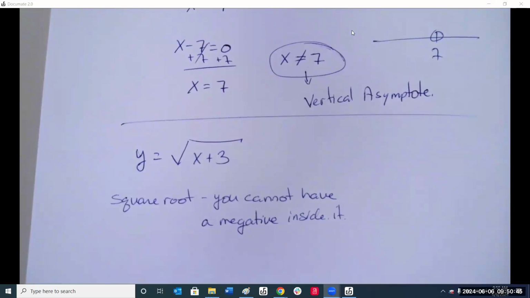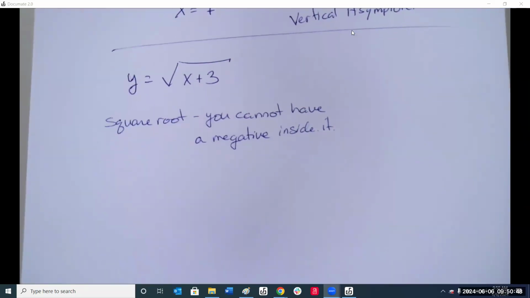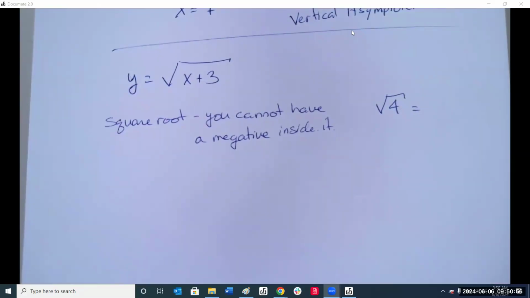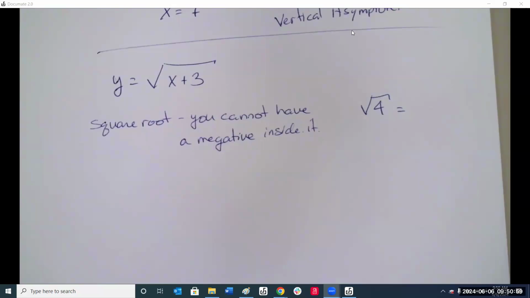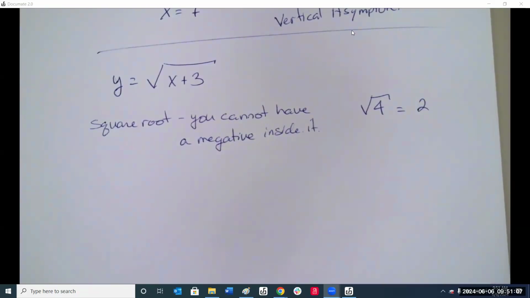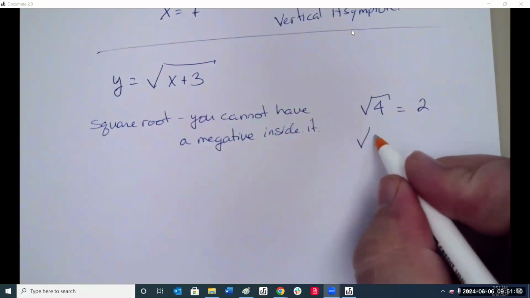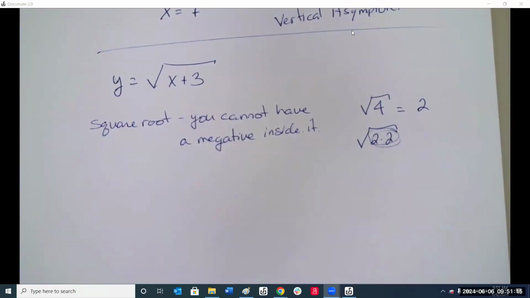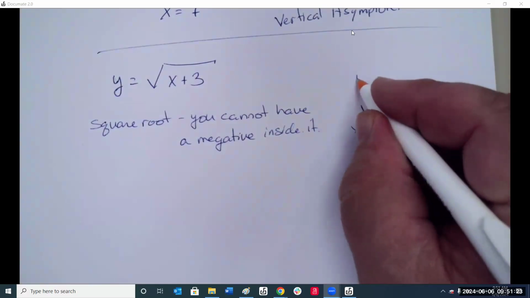Now the question is, why not? Because it's impossible to get to. We know that the square root of 4 is equal to what? We know it equals 2. Why does it equal 2? Because 4 is made up of 2 times 2. We have 2 of a kind. And what's the root of this equation? Remember, whatever's inside here is called the root.